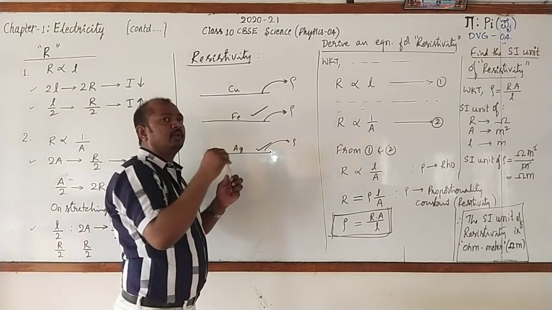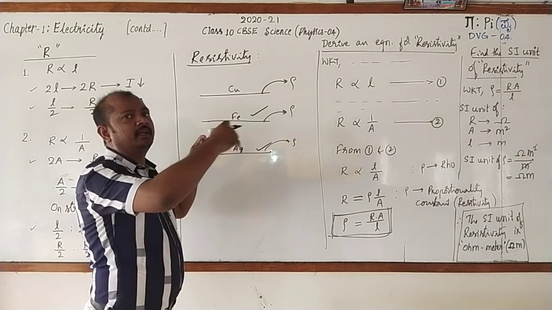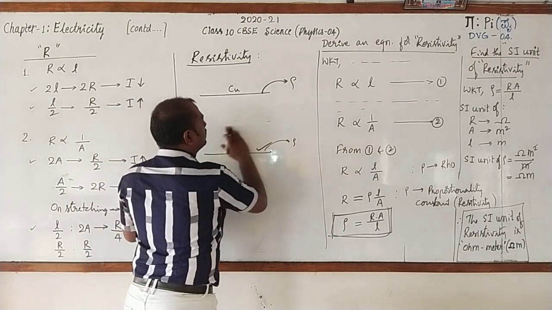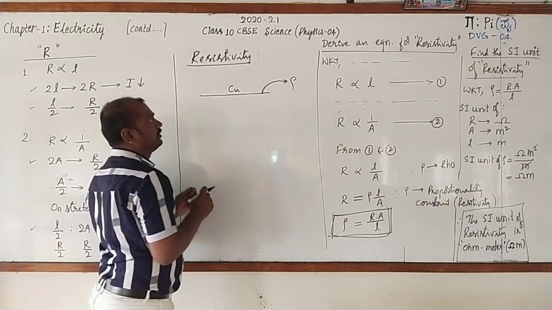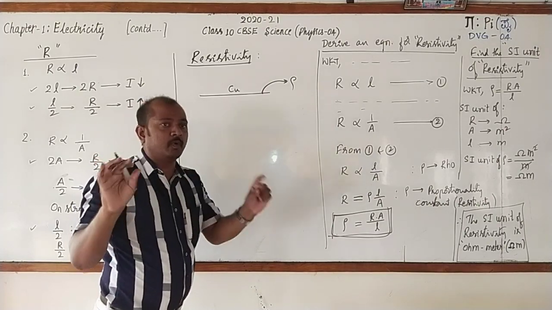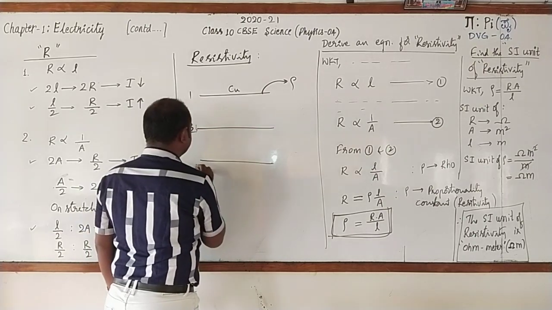When you take only copper, of any length and any thickness, I'll take some number of copper wires. This is the first wire, this is the second wire, this is the third wire.